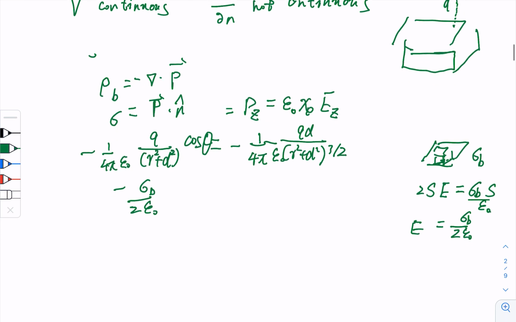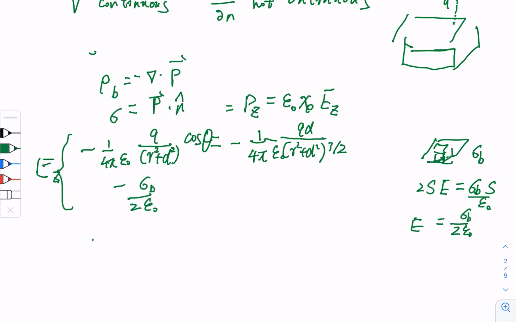So now, if we combine these two E fields together, that should be giving us the total Ez. And now we replace the Ez right above. We can arrive at the final expression.